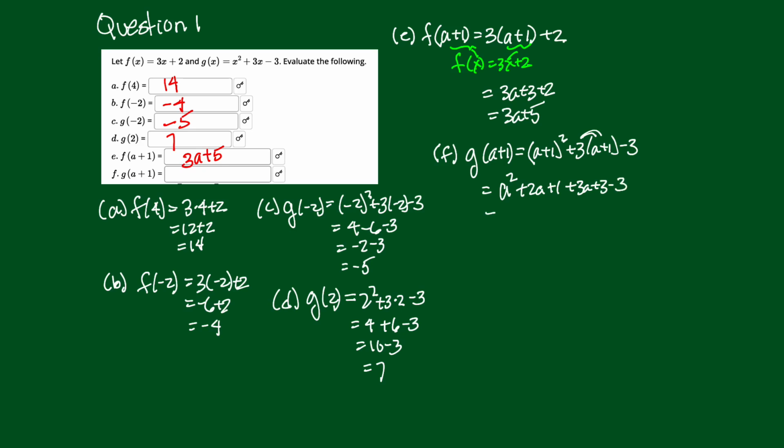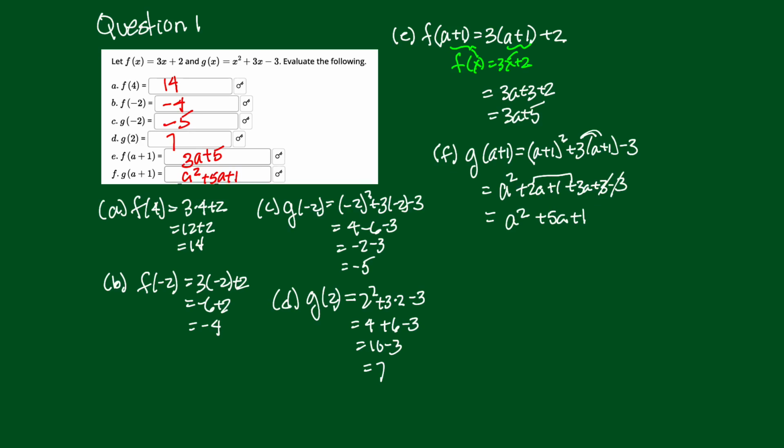All right, now I've got an a squared. I've got 2a plus 3a, which is 5a. And then those 3's will cancel off, so I just have a plus 1 there. So over here on the left, I'm going to write a squared plus 5a plus 1.